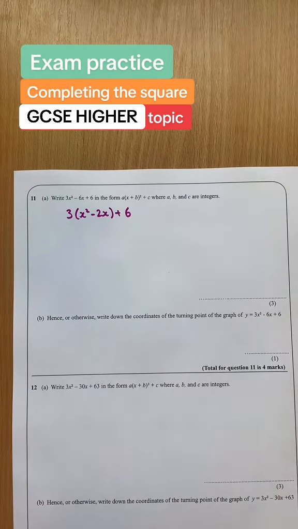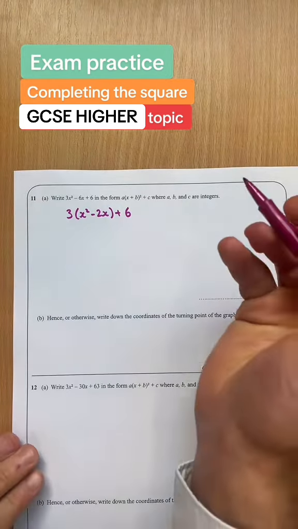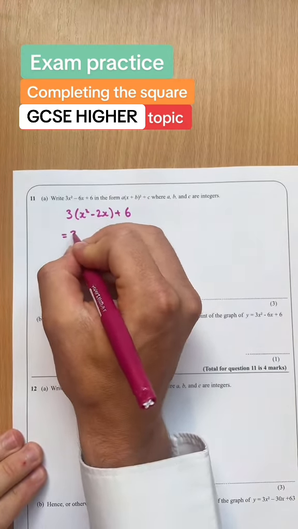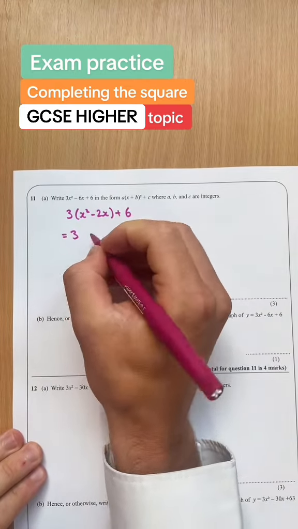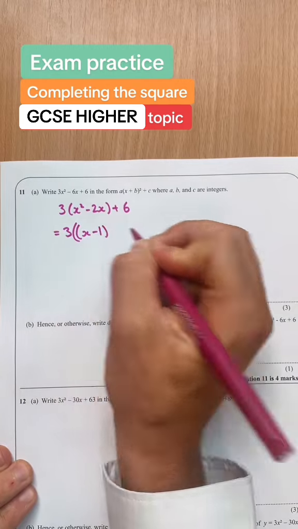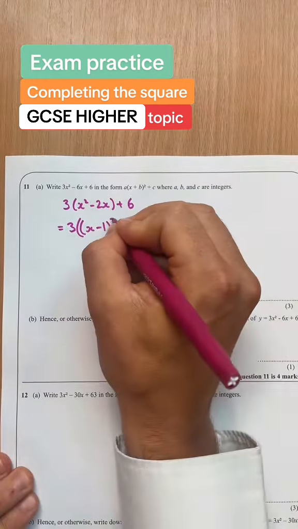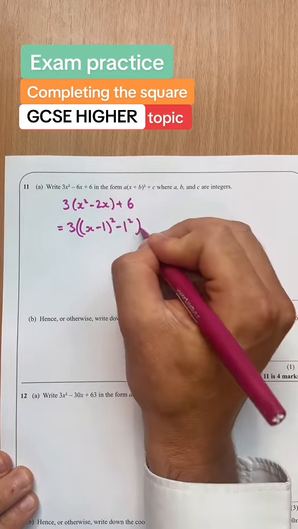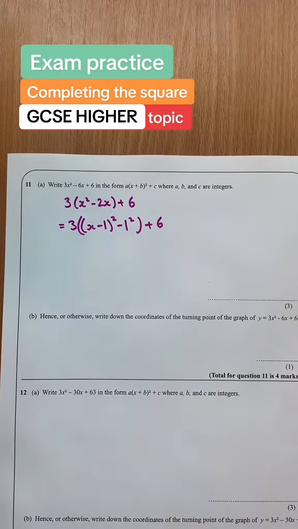From here, I'm now going to complete the square for the bit in the bracket. So for the bit in the bracket, it's going to equal 3. Now, if I asked you to complete the square for this, you would halve the coefficient of x, so it goes to x minus 1, all squared, and then take away that number squared, and then the plus 6 still remains on the outside.